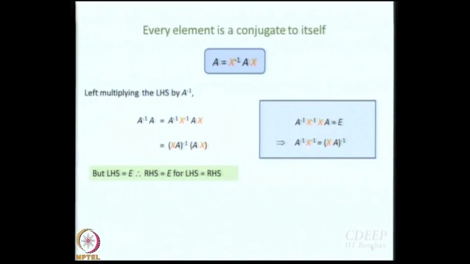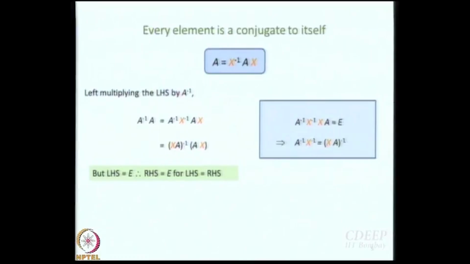When XA is the inverse of AX. When will XA be the inverse of AX? When AX equals XA. When A and X commute. Is it necessary that for any group, for any A, there will be one element in the group that will commute with A?